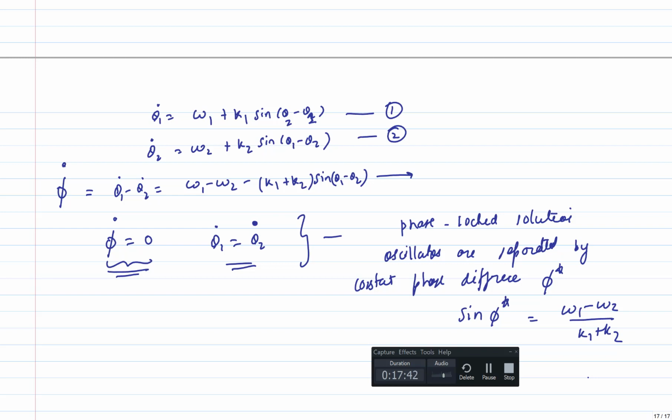And the oscillators go at a constant frequency. Both the oscillators go at a constant frequency, which is given by omega star, which can be shown to be omega 2 plus K sine phi star, or this is the compromised frequency.